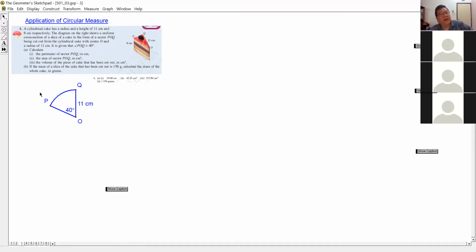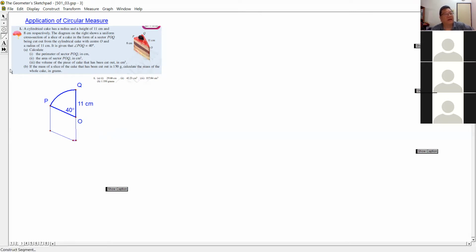Now all this we follow the numbers given in the question. The angle is 40, the radius is 11. Of course, there is a vertical height here, which is 8 cm, but I didn't show the vertical height.